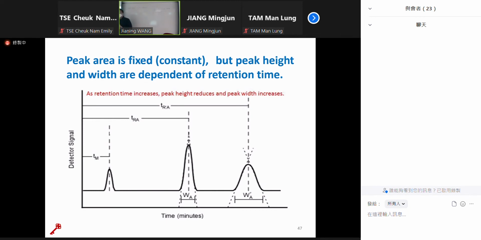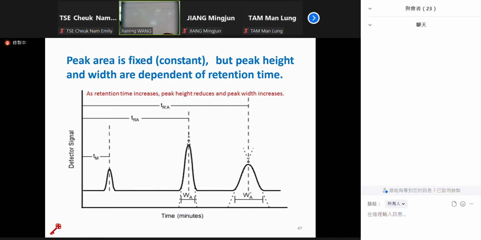When the detector measures the spectrum, the signal is usually concentration related, but the solute moves from the starting time to a longer time along the separation. So there is always some dilution.